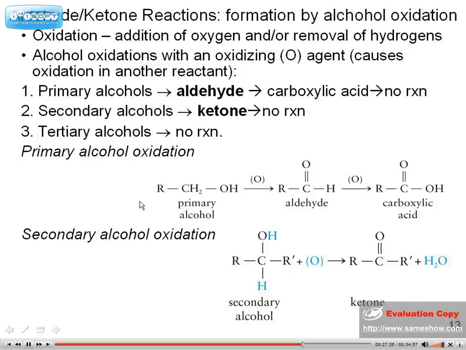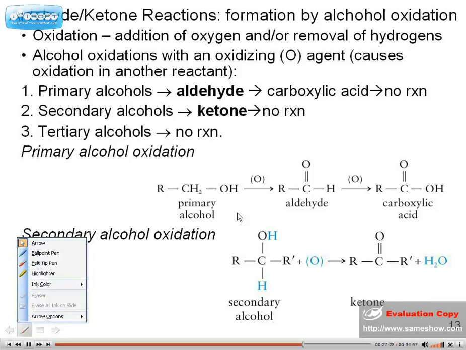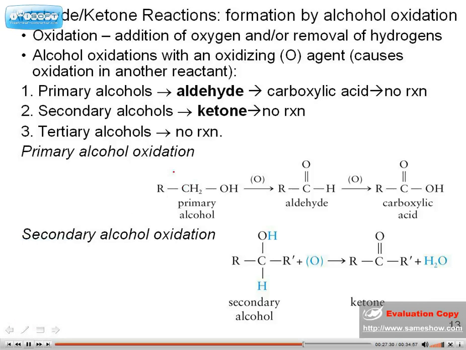So going back to our slides, automatically primary alcohol. Why? Because the alcohol bonded carbon, we call it an alcohol bonded carbon because the alcohol is bonded to this carbon. The alcohol bonded carbon is only connected to one other carbon, so therefore it's a primary alcohol. Compare it to this one over here.